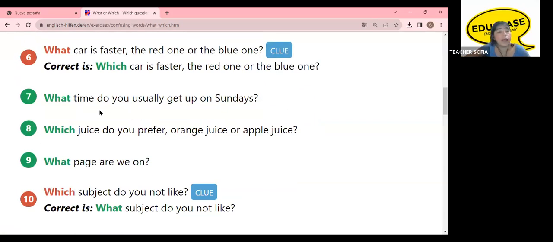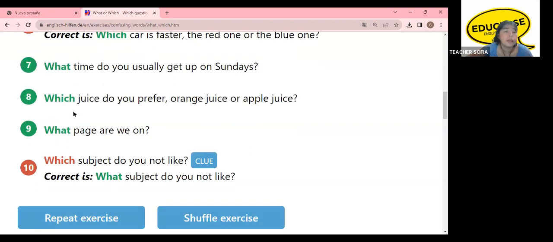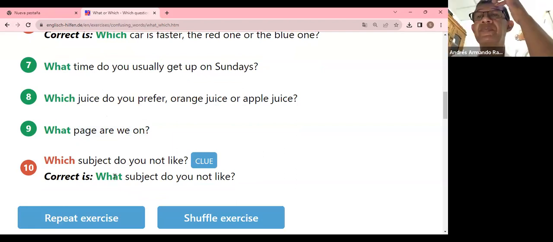And then we have what time, this is always the combination, right? What with time, no which time. Well, if you have options, maybe. Which use, no problem. What page, because it's in general. A book has a lot of pages. And the last one with subjects, do not like.